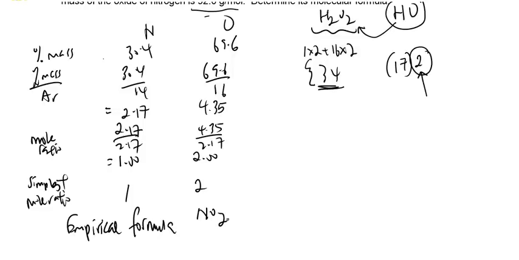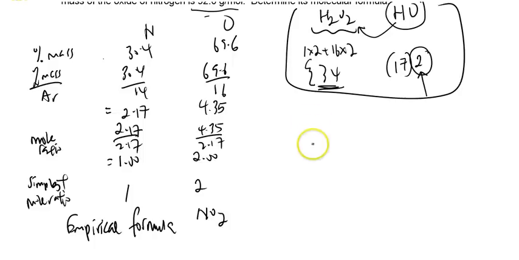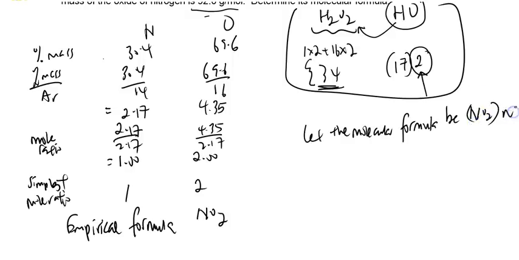So I have the empirical formula of NO2. So based on what I explained earlier, to calculate the molecular formula, we simply let the molecular formula be NO2 bracket n, because n is the common factor which we divided out earlier. So now we must multiply n back in to NO2's formula.